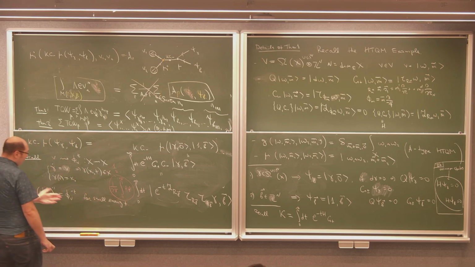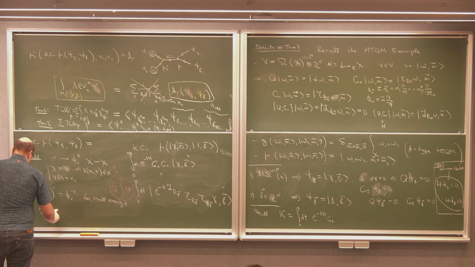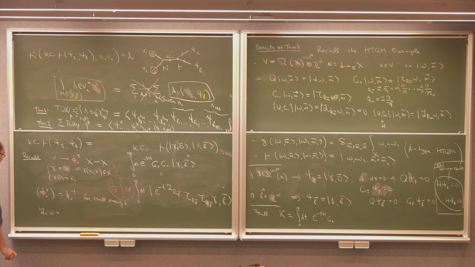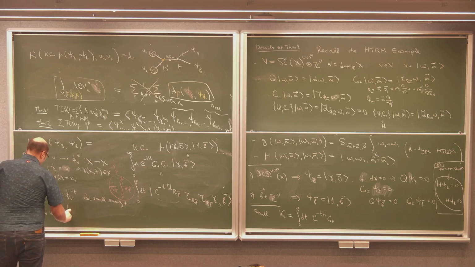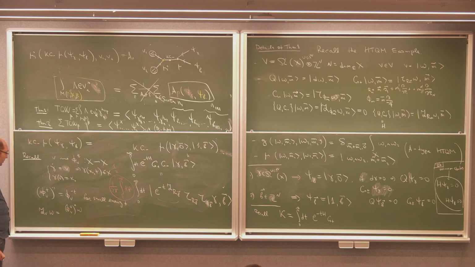And then given these diffeomorphisms, we define a Lie derivative acting on a differential form omega in the following way. Given a diffeomorphism, we can use it to pull back a differential form.